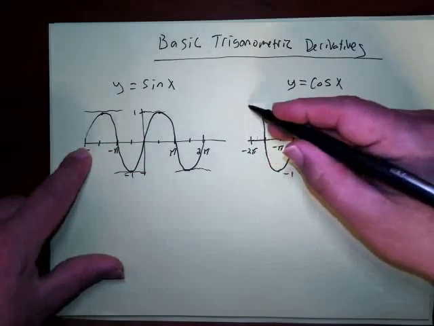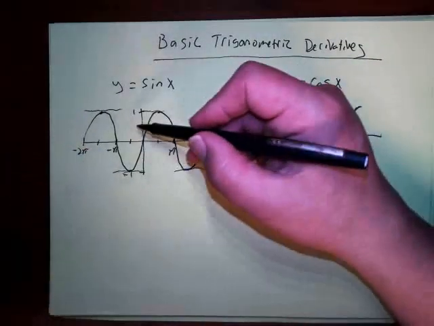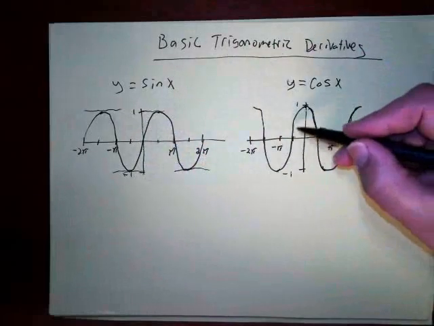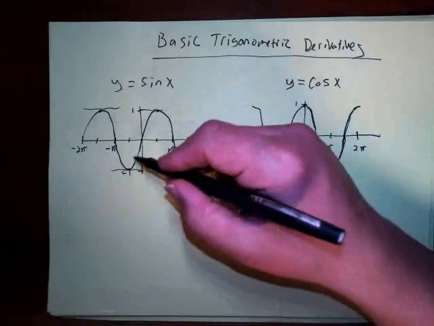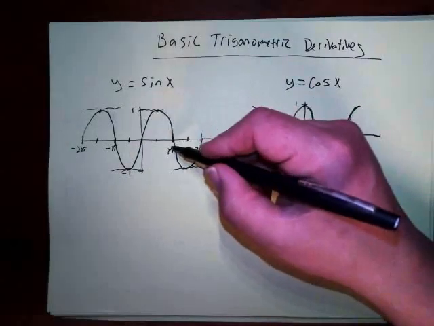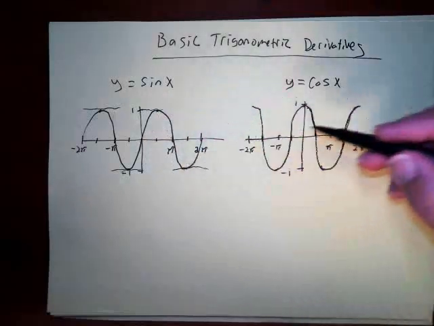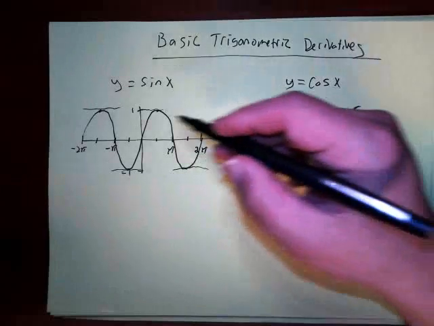Over here, it's negative 1. Up here, it's 1. And so what I'm trying to show is that the slopes of sine are 1, 0, negative 1, 0, and cosine is 1, 0, negative 1, 0.